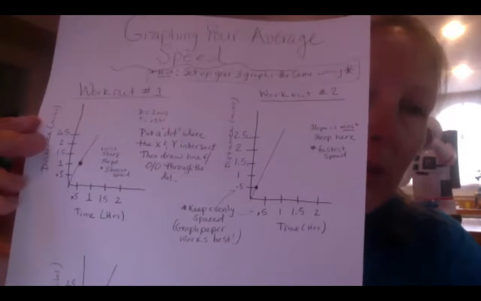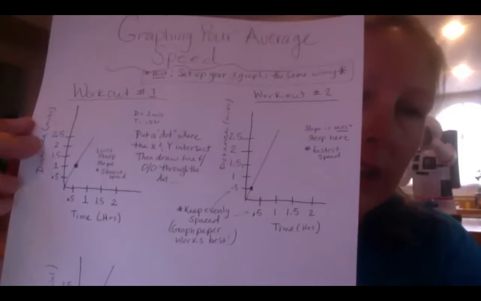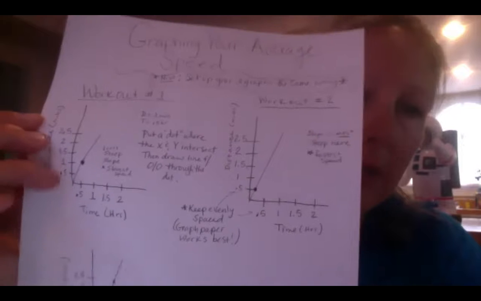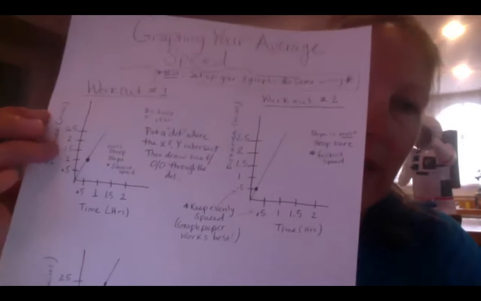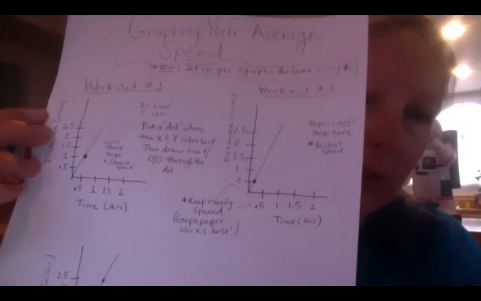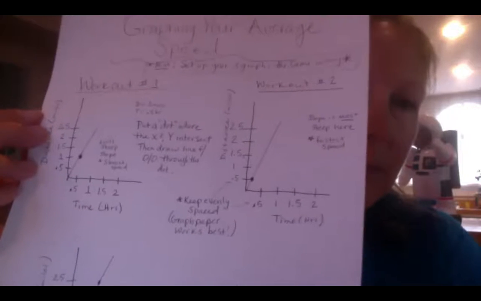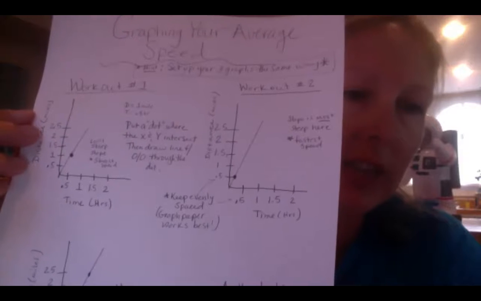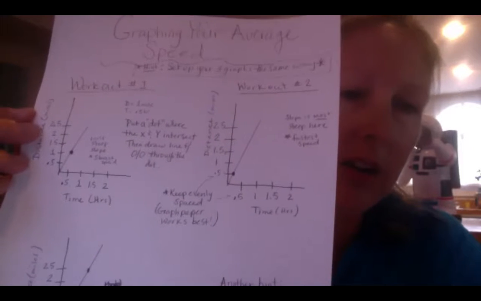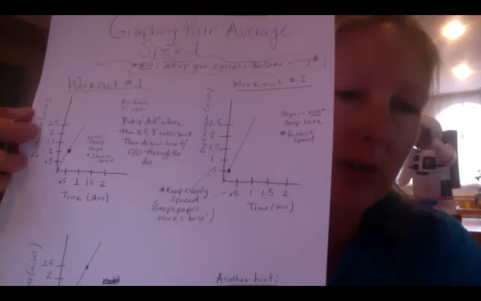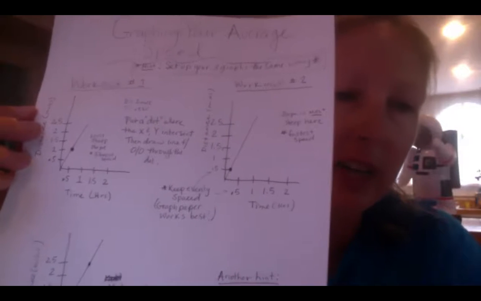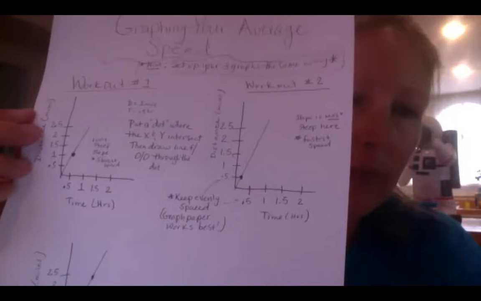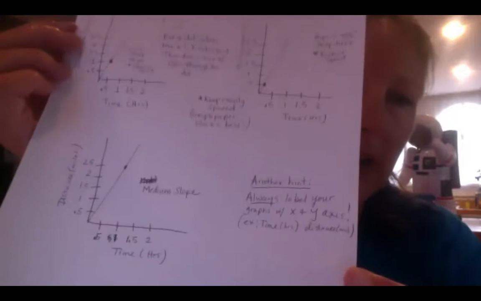So if your longest distance was 10 miles, then you want your distance to go all the way up to 10 miles instead of 2.5. And maybe you go 1, 2, 3, 4, 5, or maybe you do like I did as 0.5, 1, 1.5. It doesn't really matter as long as you're consistent and the spaces between each are evenly spaced. So you can't go 1, 2, 3, 3.5, 4. You gotta keep it consistent, and do that for all 3 graphs so that we can compare all 3 graphs.